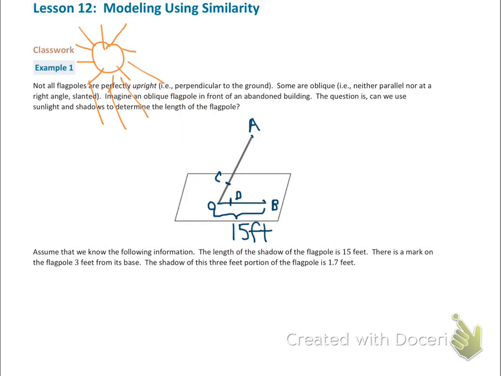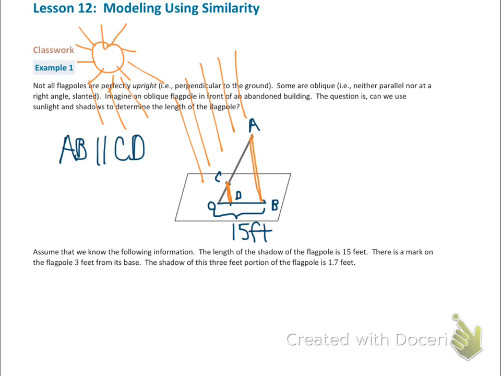They come at a certain angle at a given time of the day. So at any certain point in time, these rays are going to be cast in a parallel version. Therefore, we can say that AB in our diagram is parallel to CD. And that's going to be key in solving this problem.